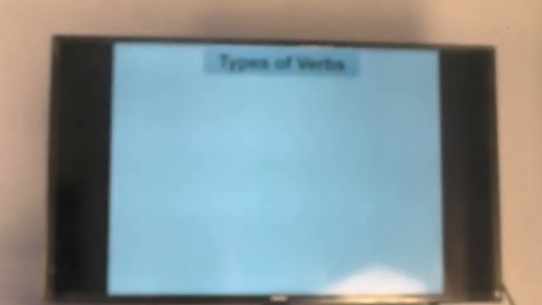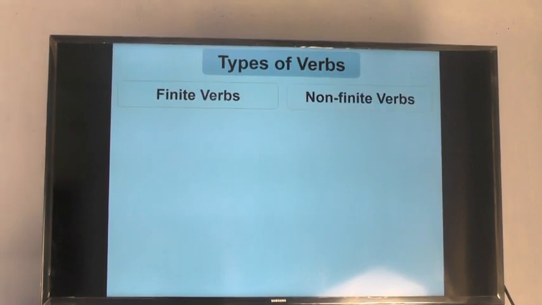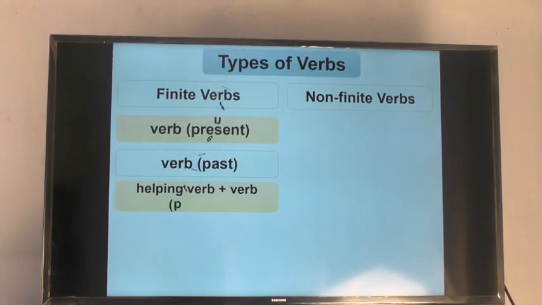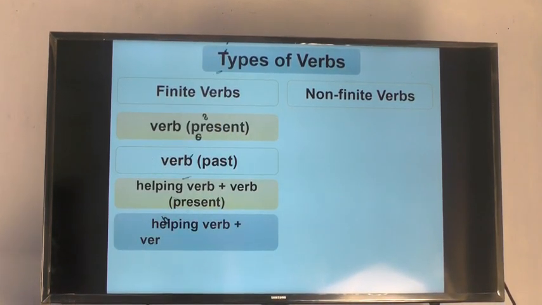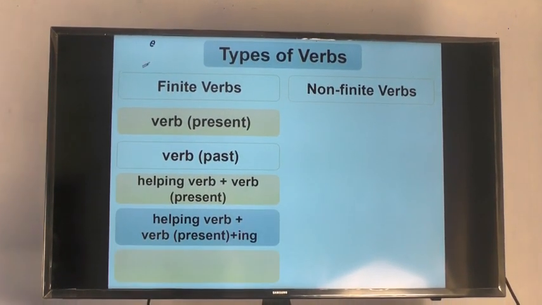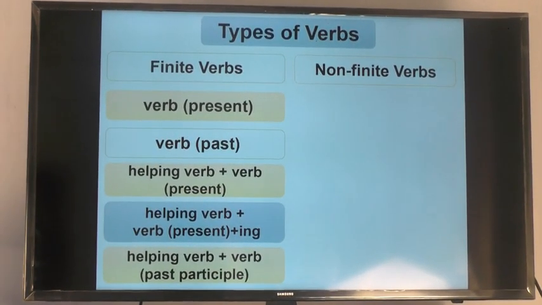Now, dear students, go to another topic, and that is types of verbs. There are two basic types of verbs: finite verbs and non-finite verbs. What are they? Finite verbs are: verb's present form, verb's past form, helping verb plus verb's present form, helping verb plus verb's present form plus ing, and helping verb plus verb's past participle form.